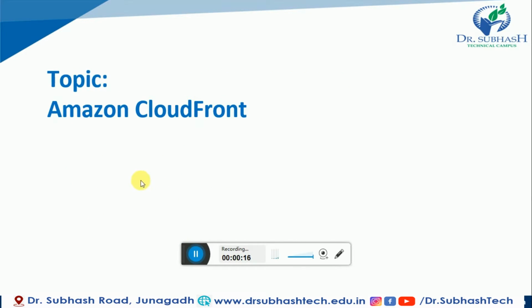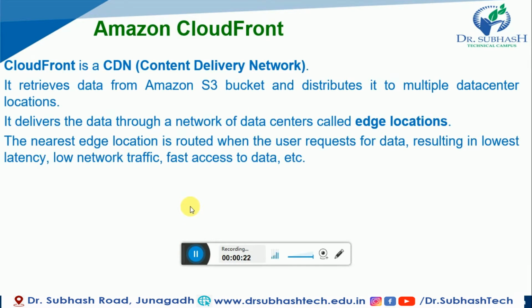In this video lecture, we are going to see what is Amazon CloudFront. CloudFront is a CDN, and that CDN is nothing but Content Delivery Network. We can say that CloudFront is a network service of AWS.